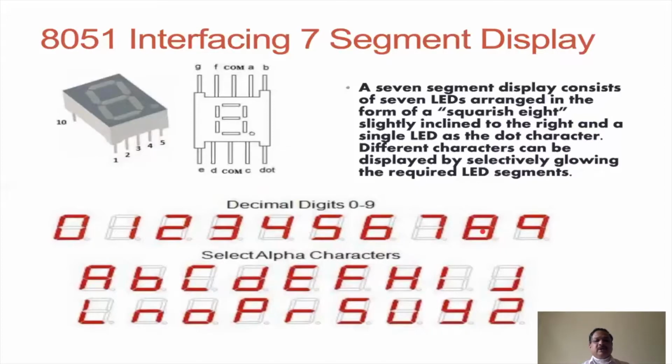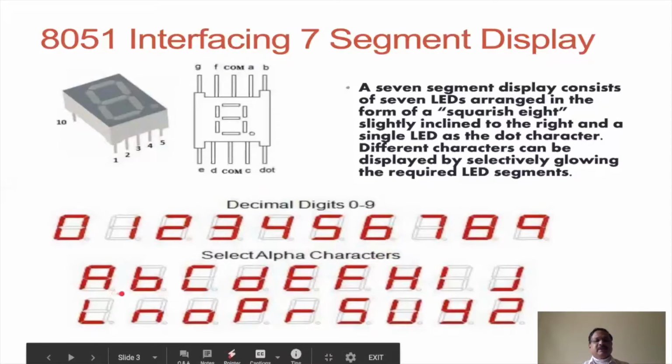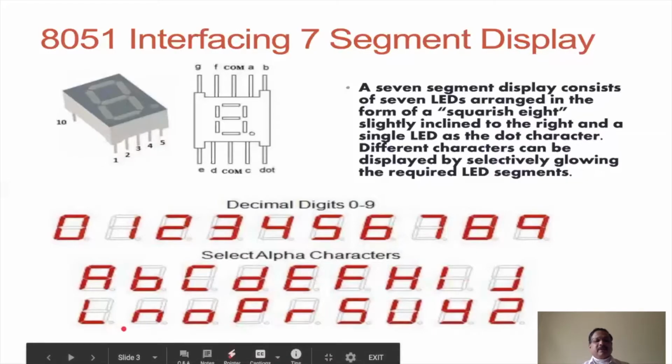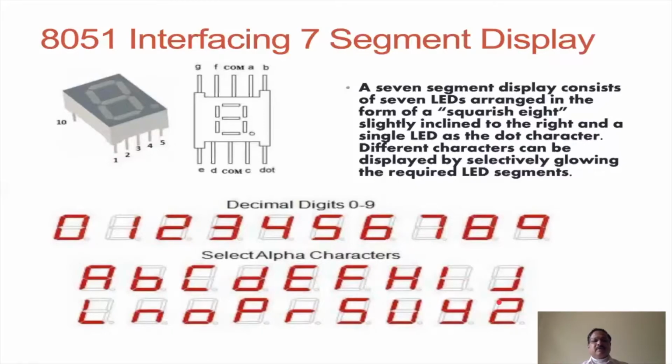But in the alphabets, you can see limited characters you can display: A, B, C, D, E, F, H, I, J, L, N, O, P, R, S, U, Y, and Z. There is a limitation for displaying alphabets, but that is sufficient for small systems whenever less data is to be displayed.